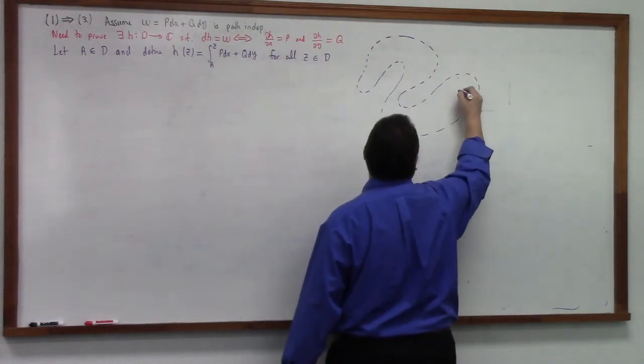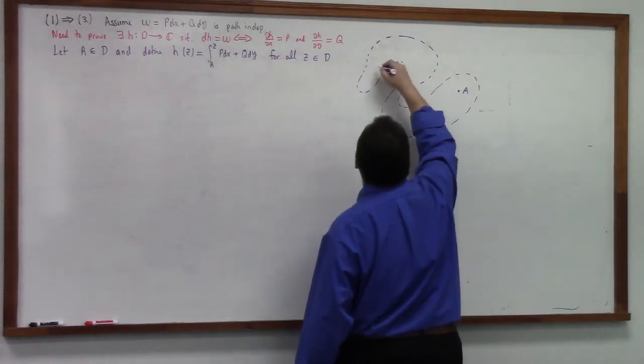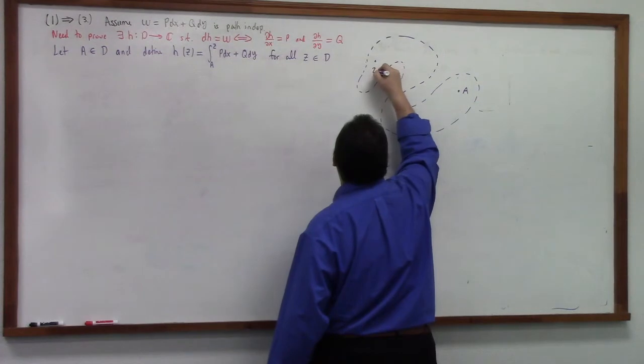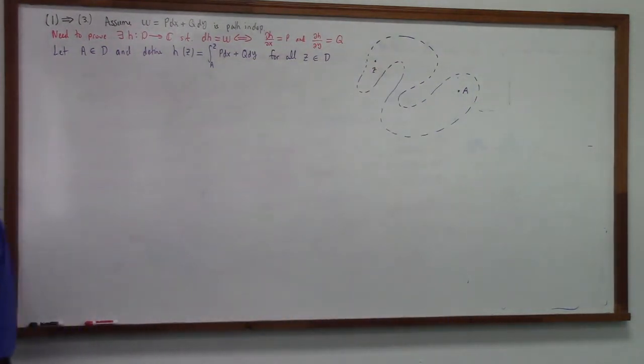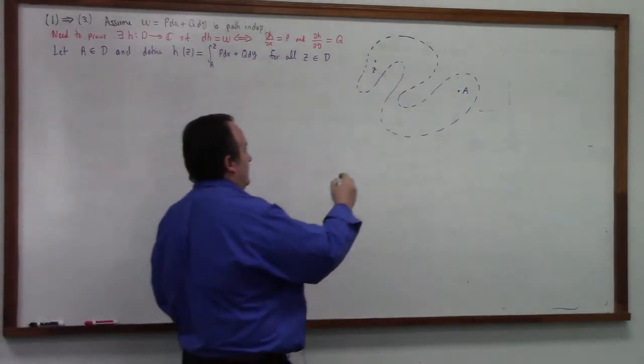This could be A, right? This can be Z. And path independence of omega on D allows me to find a path.